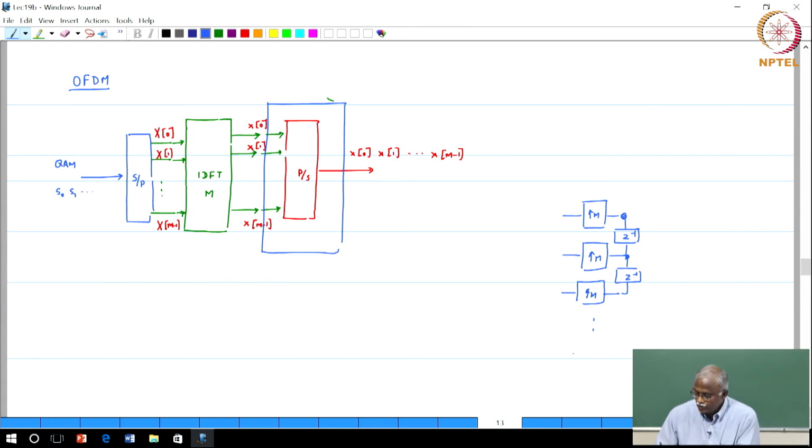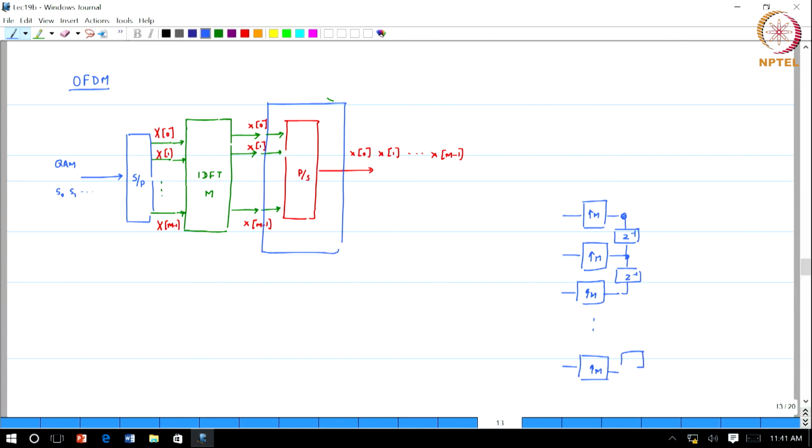The last one is upsampled by m, passes through m minus 1 delays, and eventually gets to the output. So this parallel to serial converter in our structure is nothing but a bank of upsamplers followed by delays, and then you add them.